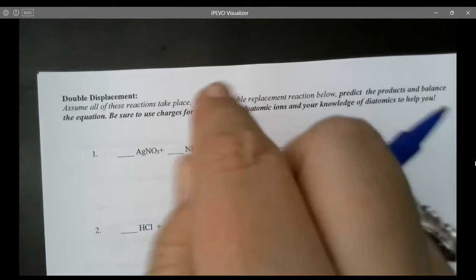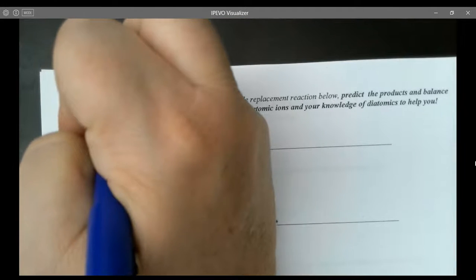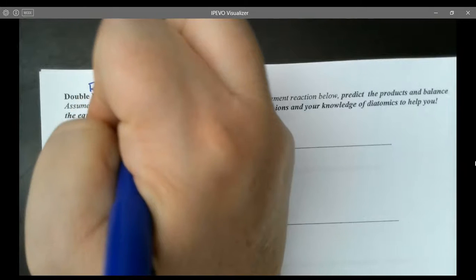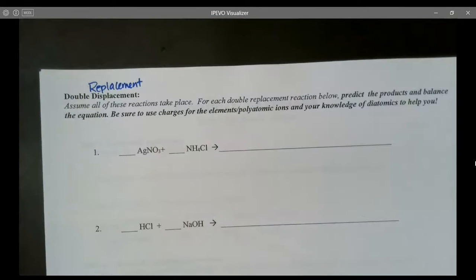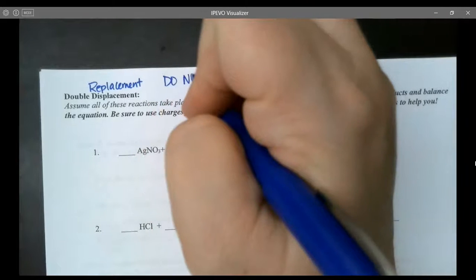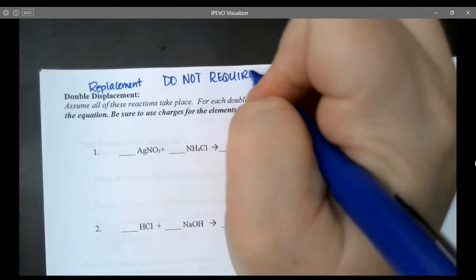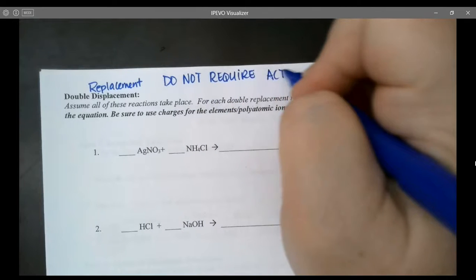Now, these double replacements, or you could call them displacements, either one, they are interchangeable names, okay? These do not require the activity series.